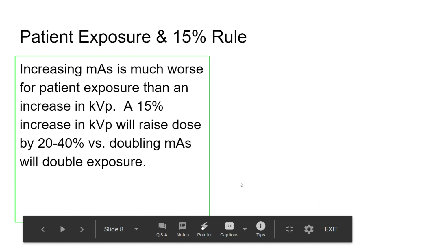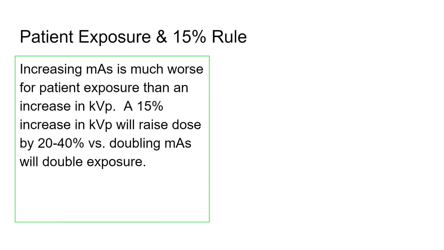Increasing mass is much worse for patient exposure than an increase in kV. Think about it this way. One thing we can say is when you increase kV, you'll have less photoelectric effect and more penetration of the part, meaning more escape of photons that don't get stuck in you.